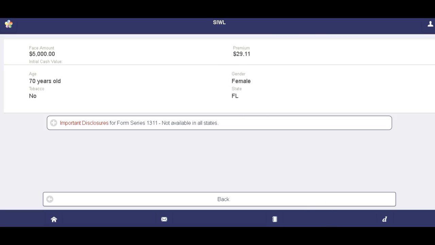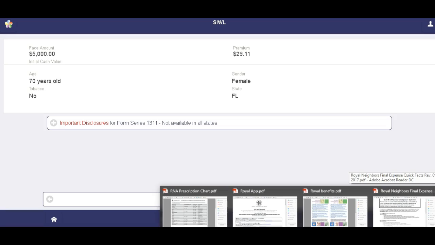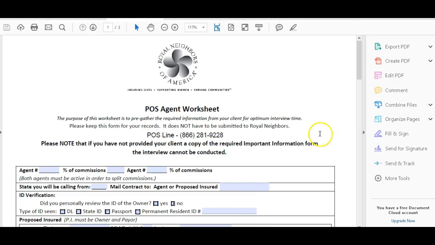Now let's take a look at the Royal Neighbors application. Okay, now this is their point of sale agent worksheet. This is all we have to complete. Now this number here is very important because once we've gathered all this information from the client, we need to call this number with the client on the line.